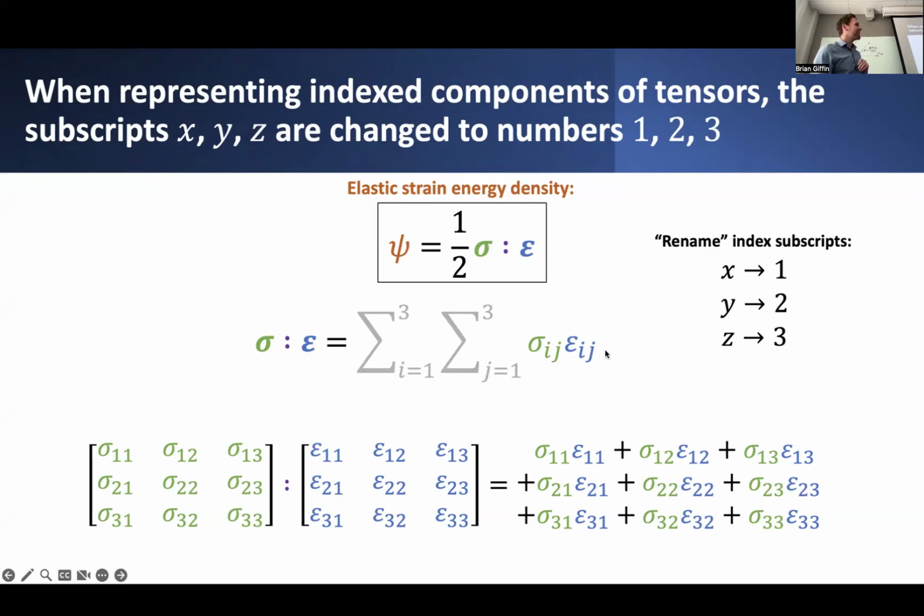So in many cases, you'll notice that the subscripts for x, y, and z in the definition of these tensors are just replaced by 1, 2, and 3. It's a minor change, but it's relevant, and you'll see why. So just blur your vision and say if there's an x, y, z subscript, just replace it by 1, 2, or 3. They mean the same thing, at least if we're representing tensor components now in terms of these indexed, iterative products between values.